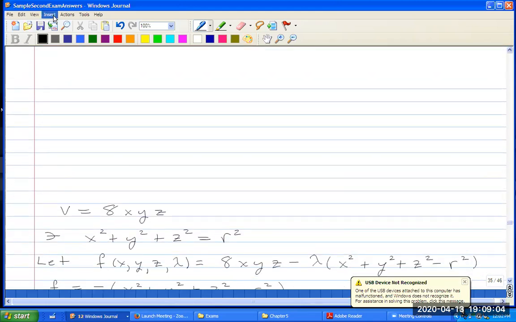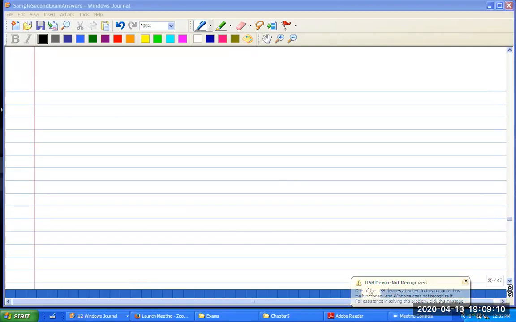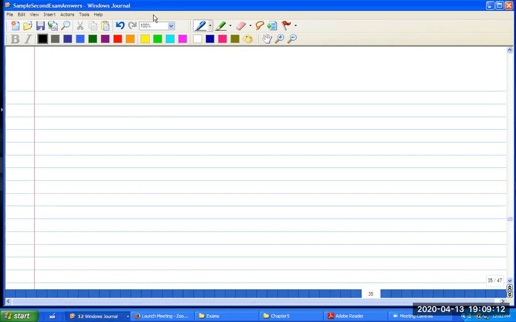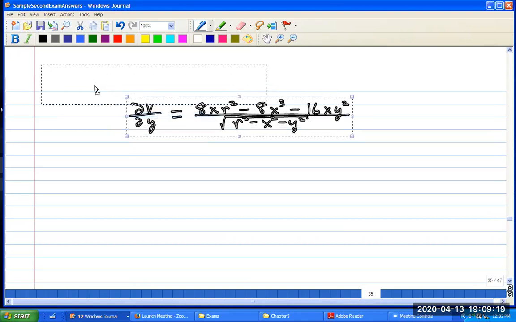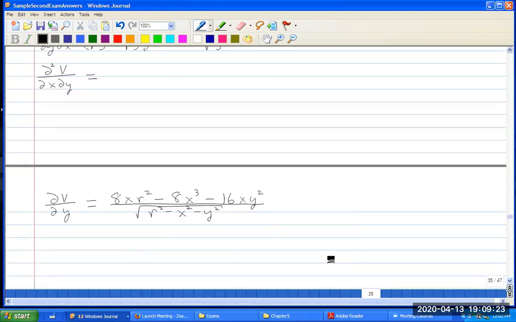Let's get another page. Okay. So let's take the partial.